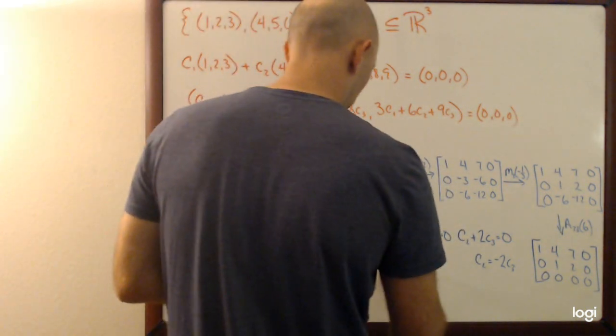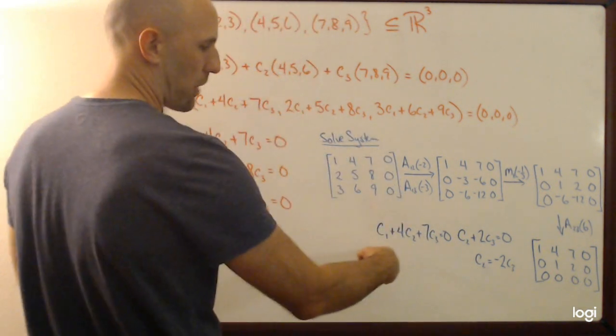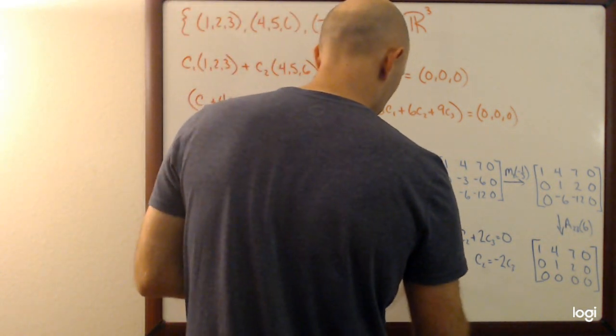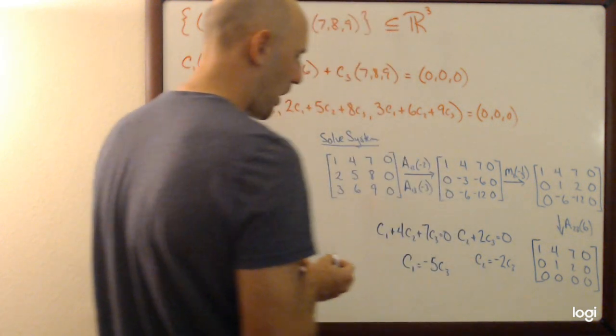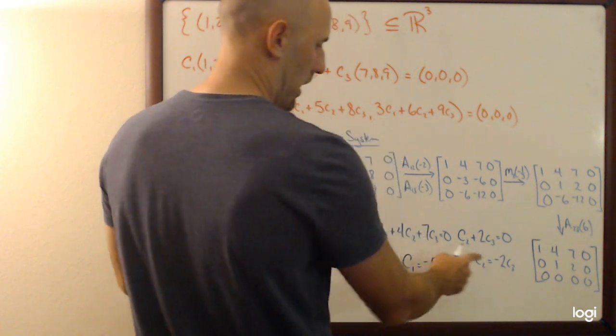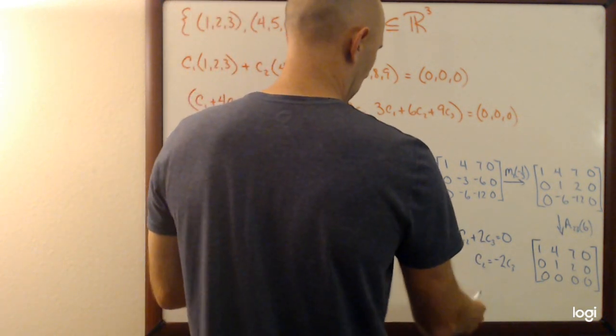And again, I can replace C2 with negative 2C3, and then solving for C1, I get C1 is equal to negative 5C3. Oh, that's not right. It's negative 8, negative 1, positive C3. Positive 1C3.